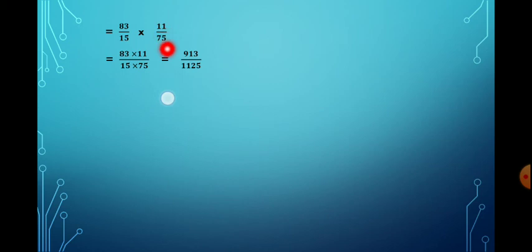Here also cancellation is not possible, so we are going to multiply. 83 multiplied by 11 is 913. 15 multiplied by 75 is 1125. This is a proper fraction which cannot be converted into mixed fraction form. So the final answer will remain as it is, that is 913/1125.